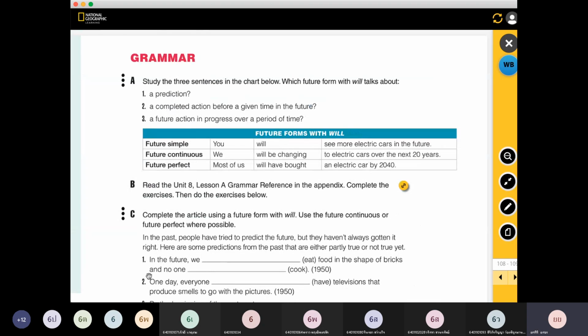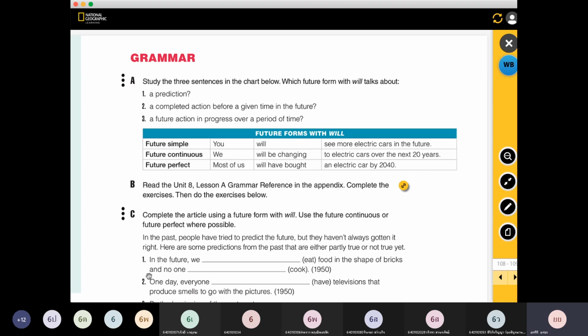We cannot get away from the future, right? Because when we predict something, it's not going to happen right now. It may happen, or it can be happening in the future. So we need to use the future forms of will.